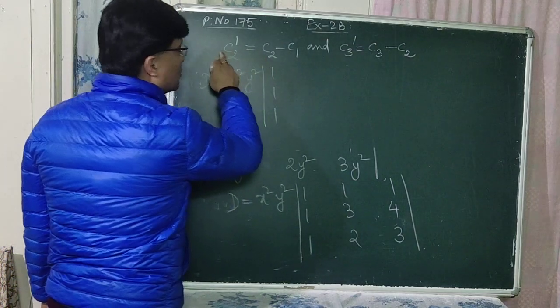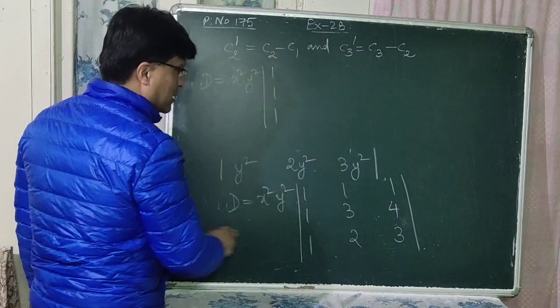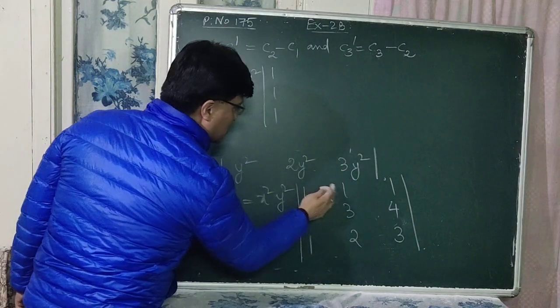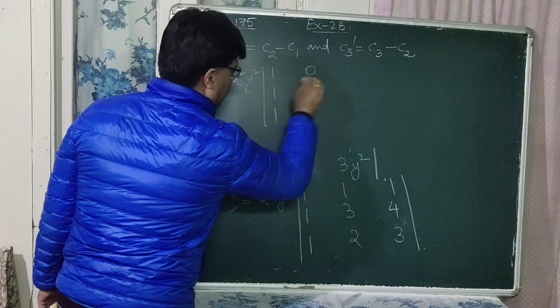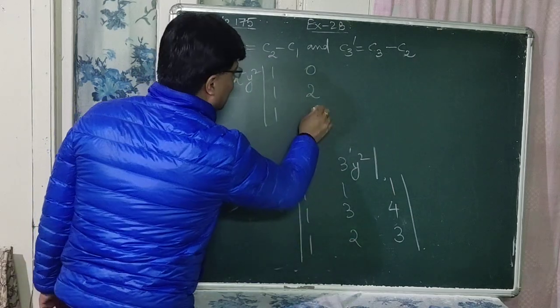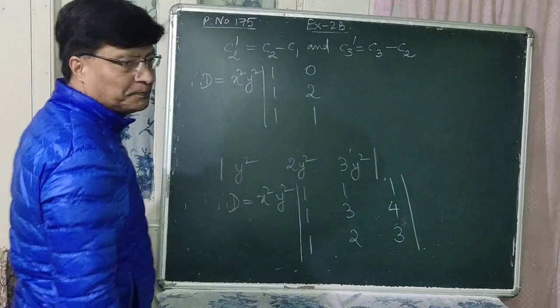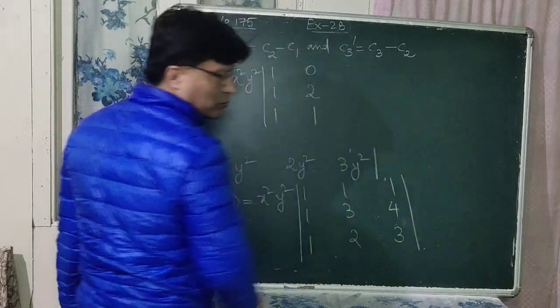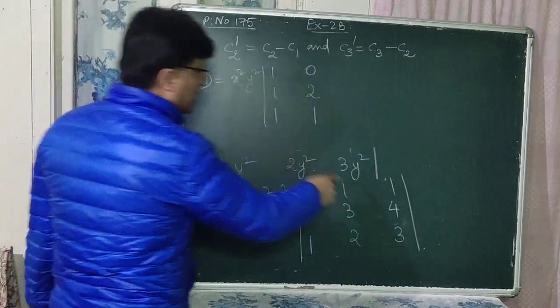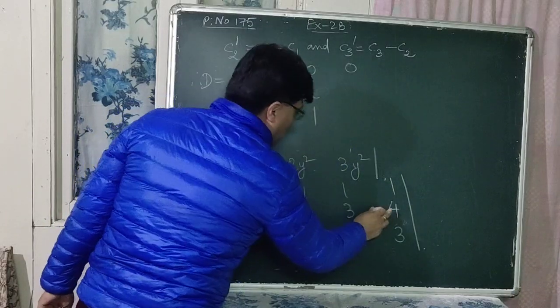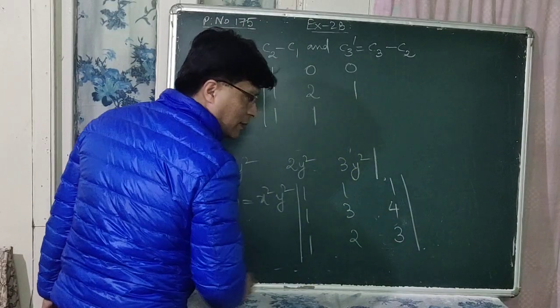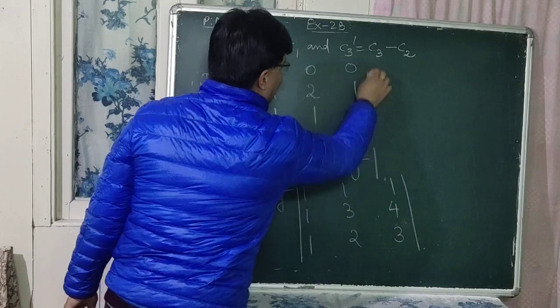New second column is C2 minus C1, right? C2 minus C1 means this minus this, 1 minus 1, 0. 3 minus 1, 2. 2 minus 1, 1. Next, C3 dash, the new column 3, is C3 minus C2. That is 1 minus 1, 0. 4 minus 3, 1. 3 minus 2 is 1.